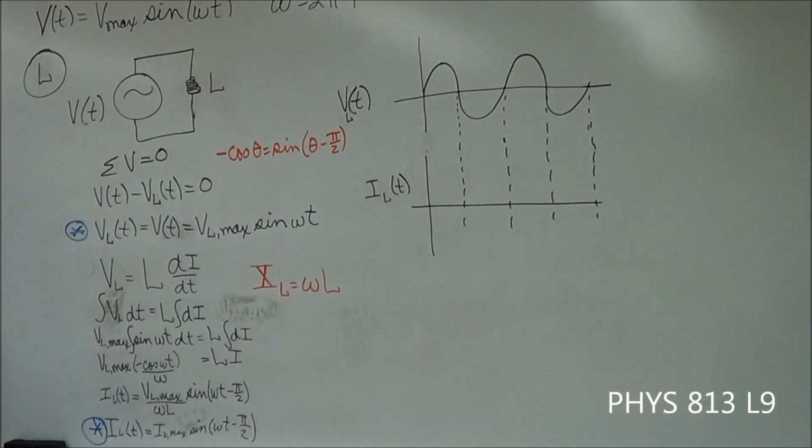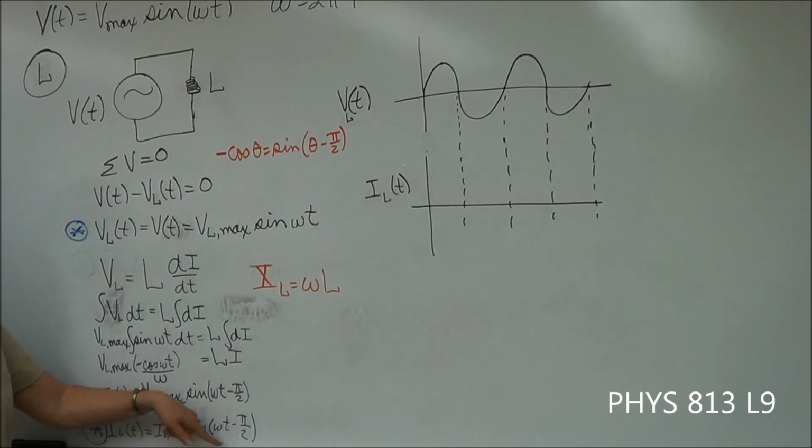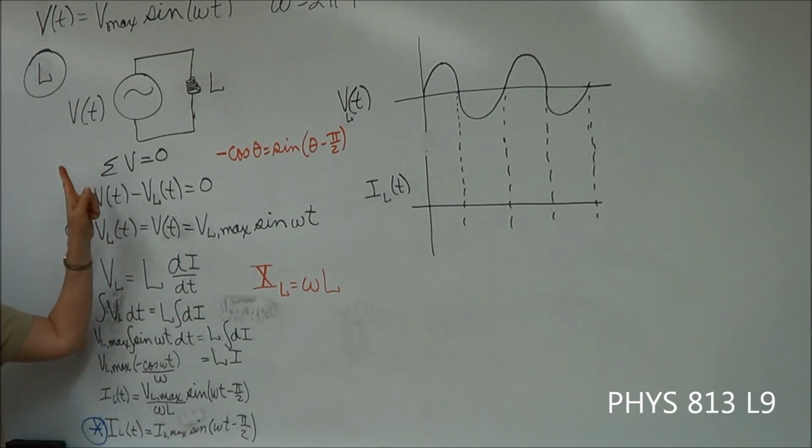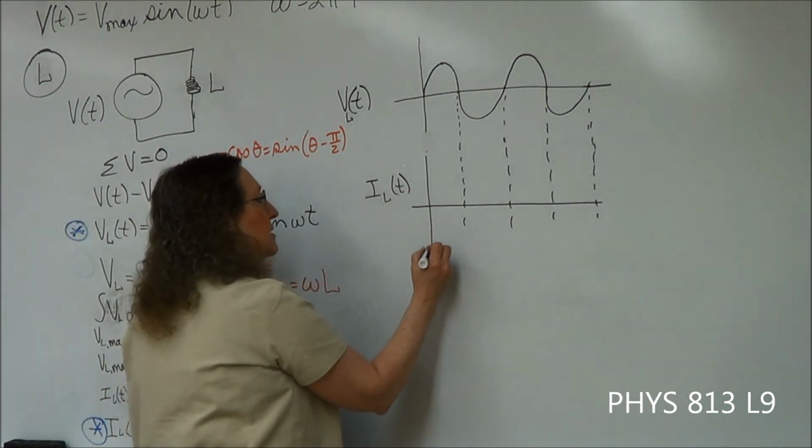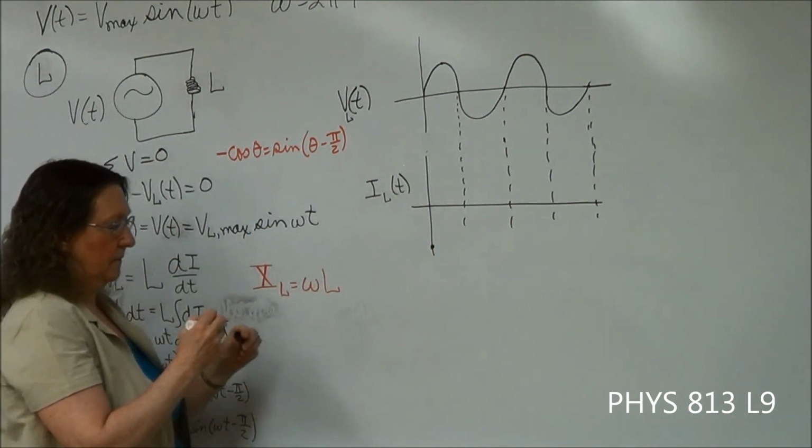Now, let's look at this. What happens to the current at t equals 0? Well, we have sine of minus pi over 2, which is sine of minus 90 degrees. And sine of plus 90 degrees is a plus 1. Sine of minus 90 degrees is a minus 1. So this starts down here.